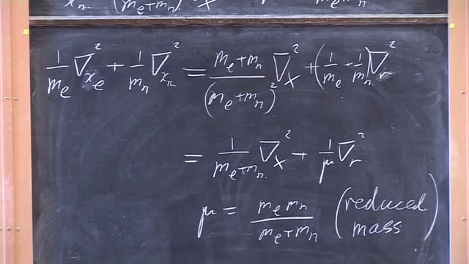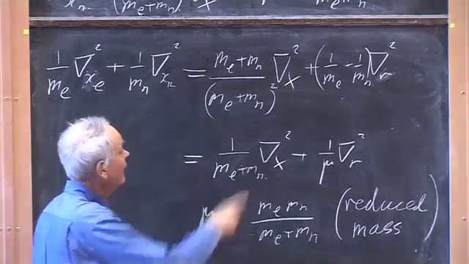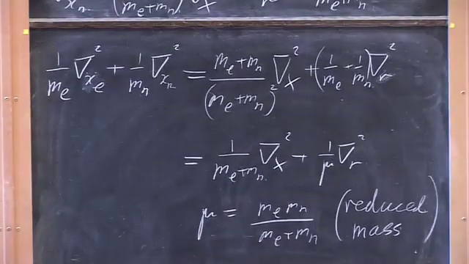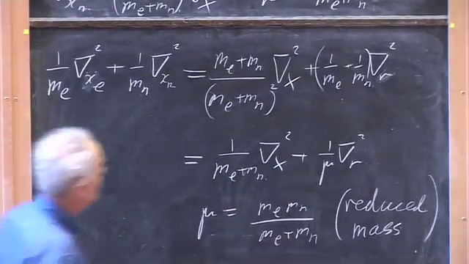So we can now write our Hamiltonian, and I'll do it over here, I think, so we can keep in view the Hamiltonian at the top there. What do we have?